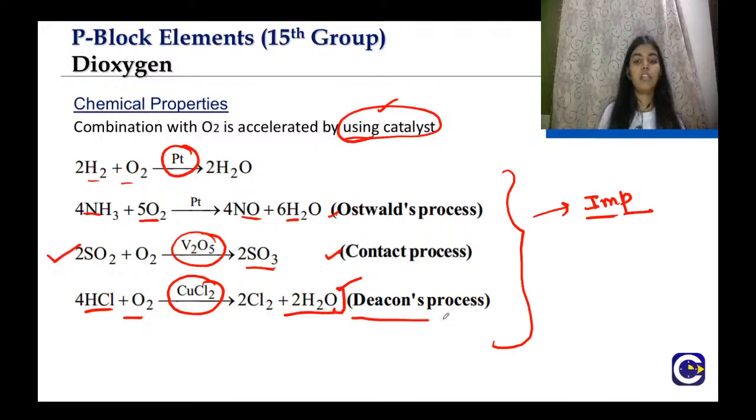So it is known as Deacon's process, in which the catalyst is copper chloride. You can write down these processes along with the catalyst.